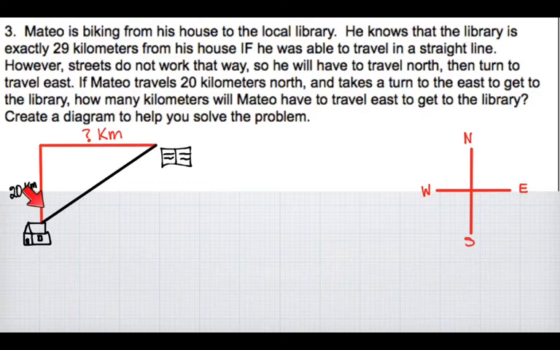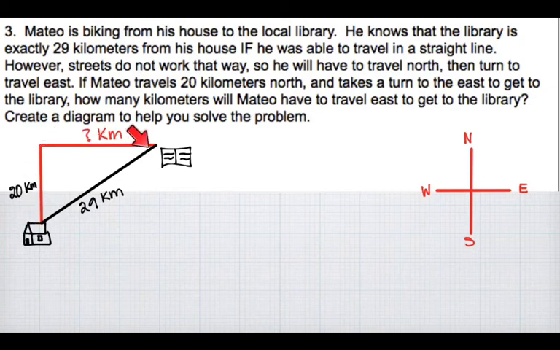And if he was able to travel along this path, then that would be 29 kilometers. But he wasn't able to do that. He had to go north 20 kilometers and then turn east to get to the library. If he was able to do this, that would be 29 kilometers, but that's not going to work.